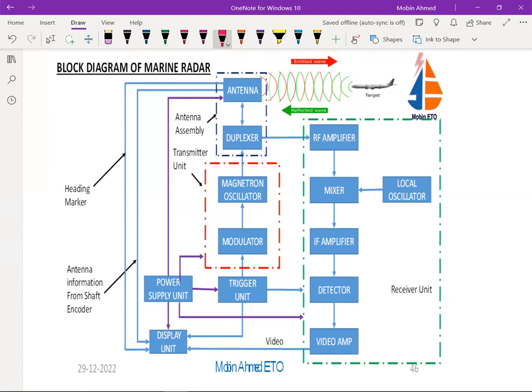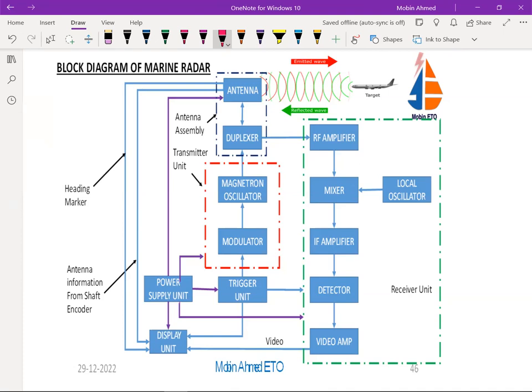So it starts oscillating, and once it starts oscillating, it generates high power, high frequency radio waves or EM waves. High power, high frequency. It goes to the duplexer, and through the duplexer, it goes to the antenna.